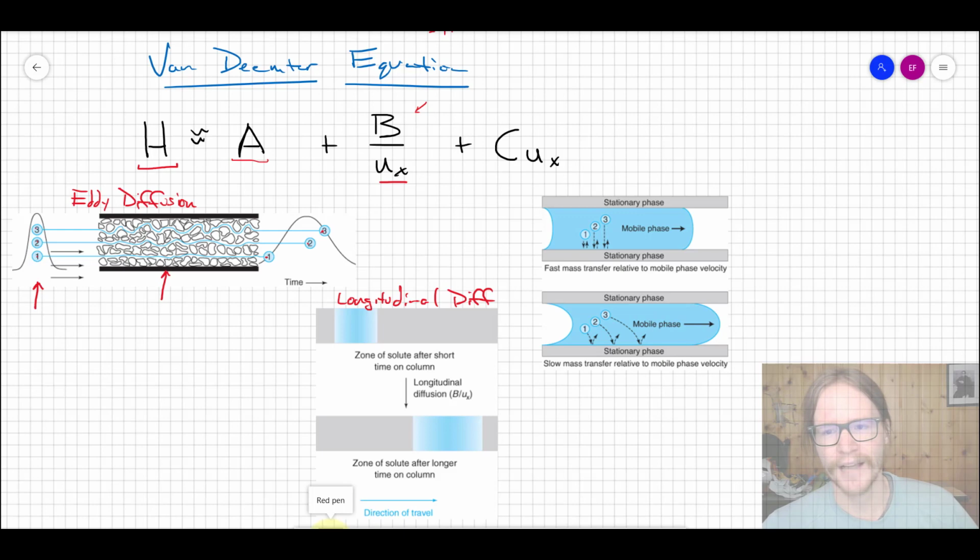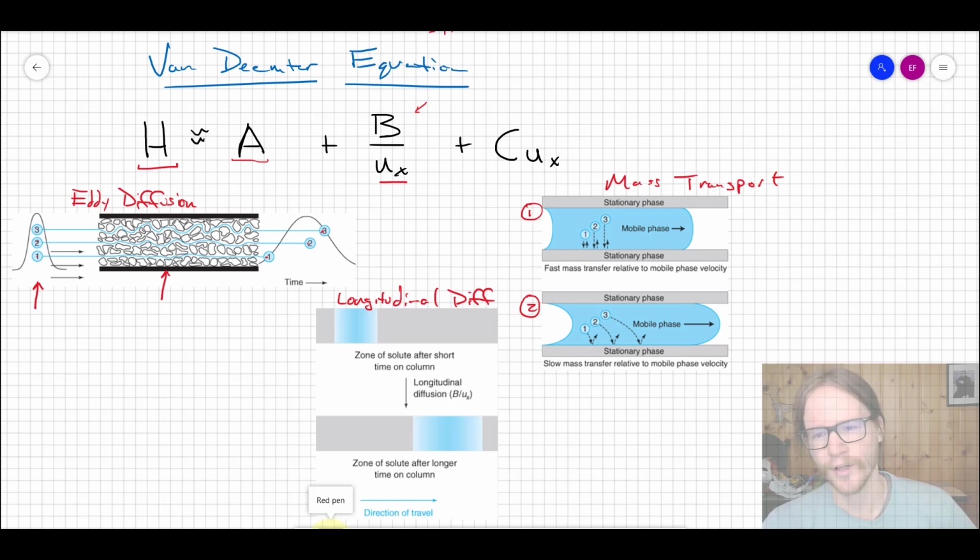And then the last one here is mass transport, which I just defined in the previous frame, where you have some equilibration cycle between different components, and so you have two different time frames, time 1 here and time 2 here, showing 3 different compounds and the equilibration time and how long it takes to get there.